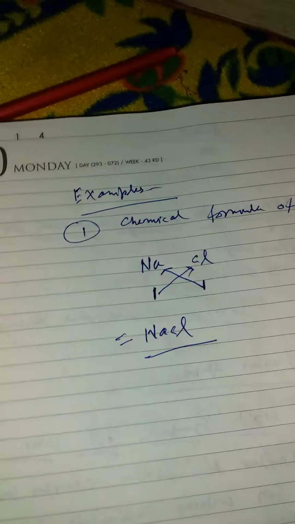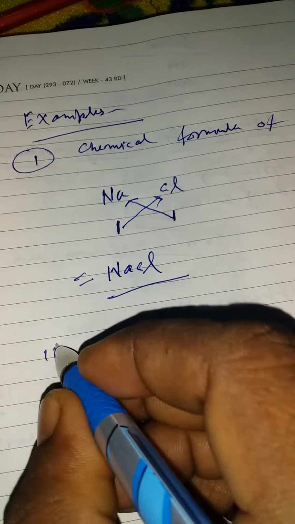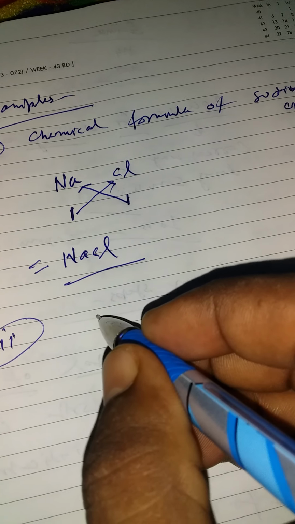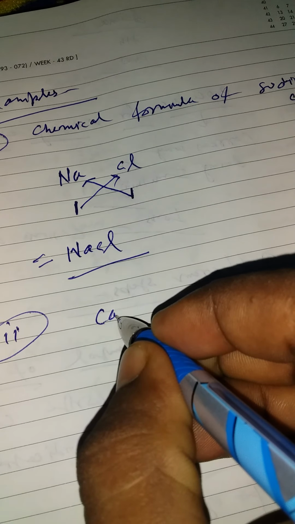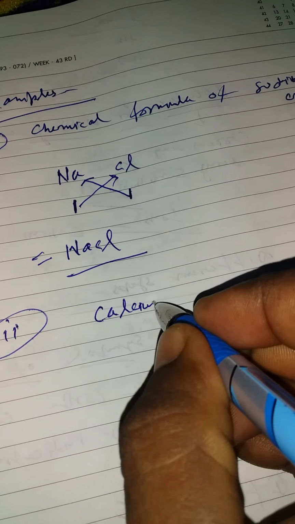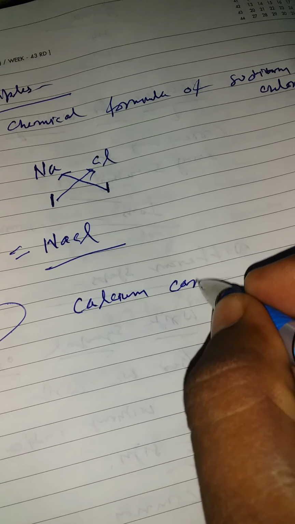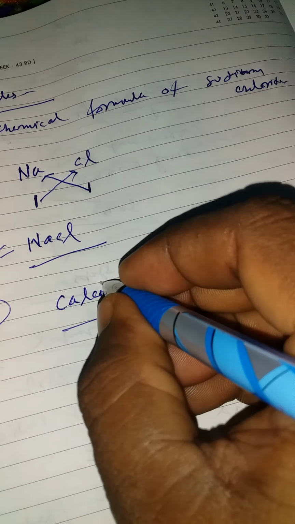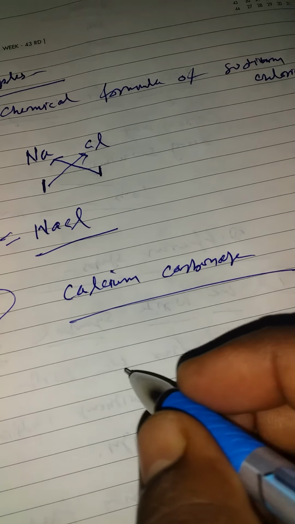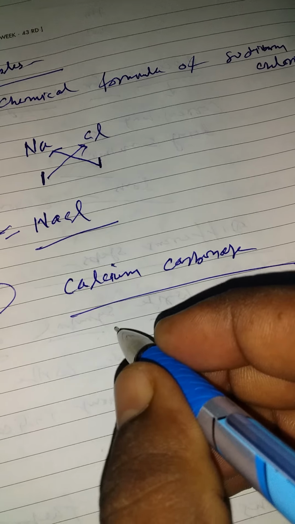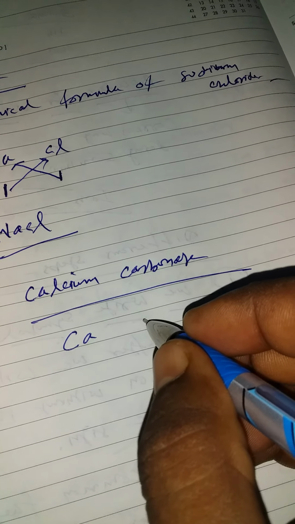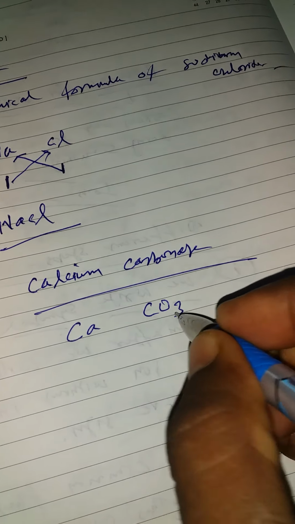Second one, chemical formula of calcium carbonate. We know that symbol of calcium is Ca, and for carbonate CO3.